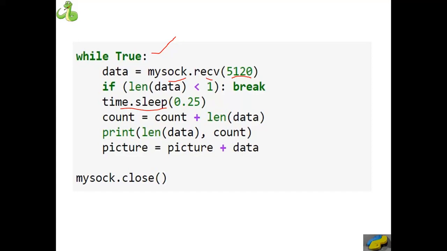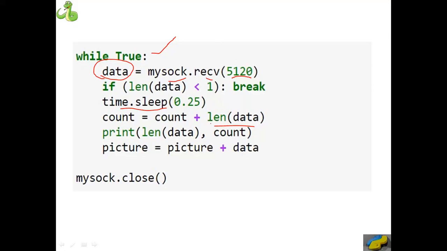So what I'm doing is I have this count variable which is going to count the number of bytes. I calculate the length of the data. You know what data is: data is what I received, the first 5120 bytes, whatever I receive, that I save in this data.